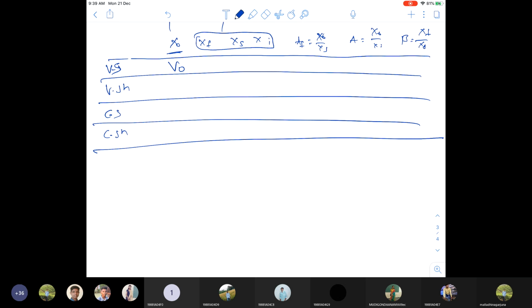Here the input is Vf, Vi, Vs. For the voltage shunt feedback amplifier, what is the output signal?